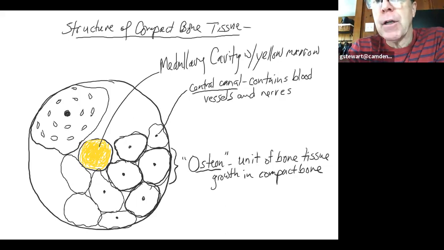And that nutrition diffuses through these little tiny canals running to each cave that contains a living cell. So radiating out from the central canal and going from cave to cave are little tiny canals that allow nutrition to be transported to each of these.